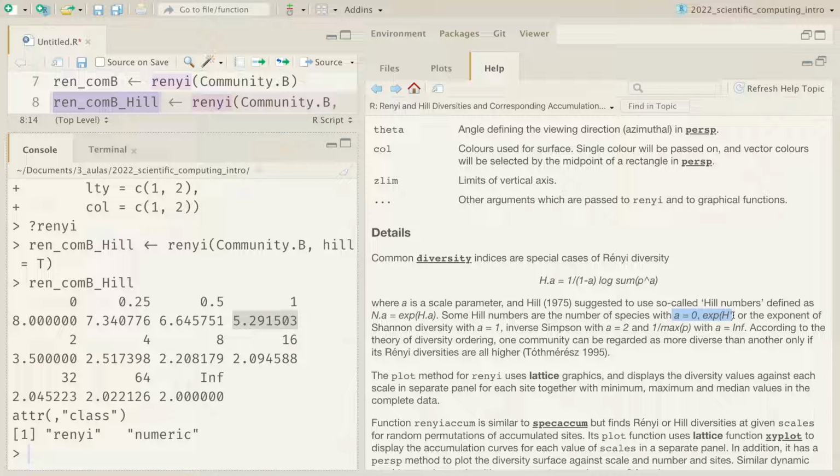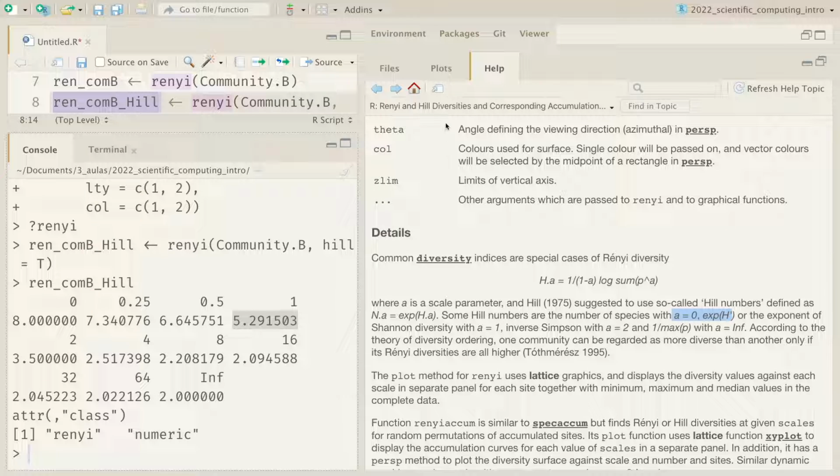For example, this is done with functional diversity. So there are different ways of calculating the taxonomic diversity, giving more or less importance to each species. One of the frameworks that unified taxonomic diversity was the Hill numbers and Renyi diversity.